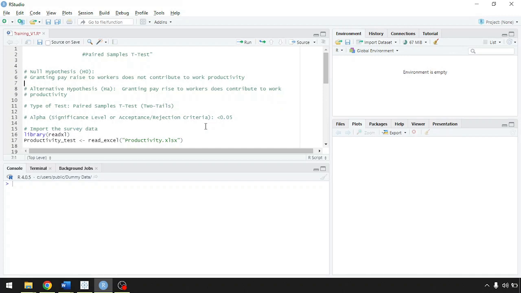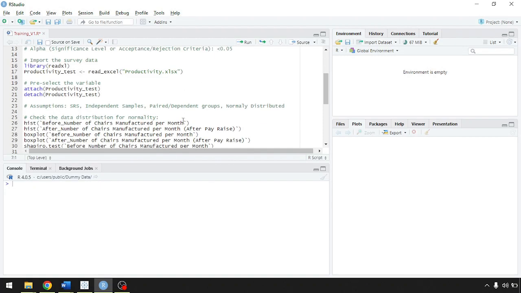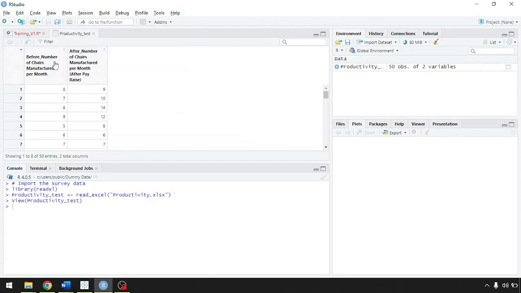So we have a data set of two productivity measures, which is the number of chairs manufactured by each worker in a factory.